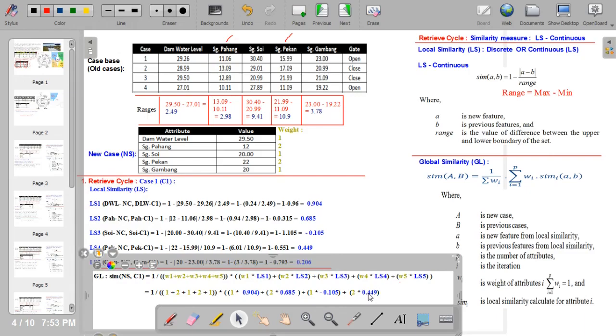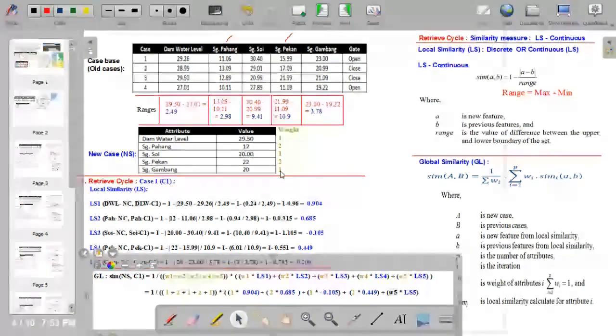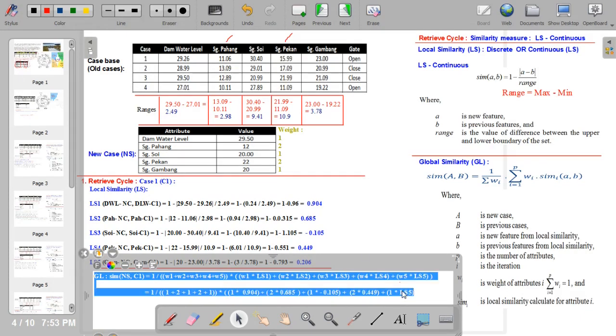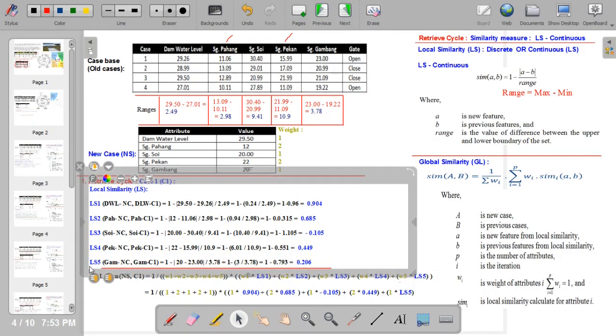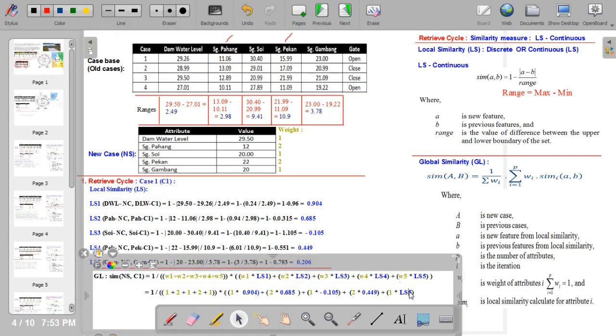So here 0.49 plus the weight for the fifth attribute, which is 1, gambang, right? So 1 multiplying by LS5, which is the local similarity degree between the gambang attribute value of the new case and the gambang attribute value of the old case C1.